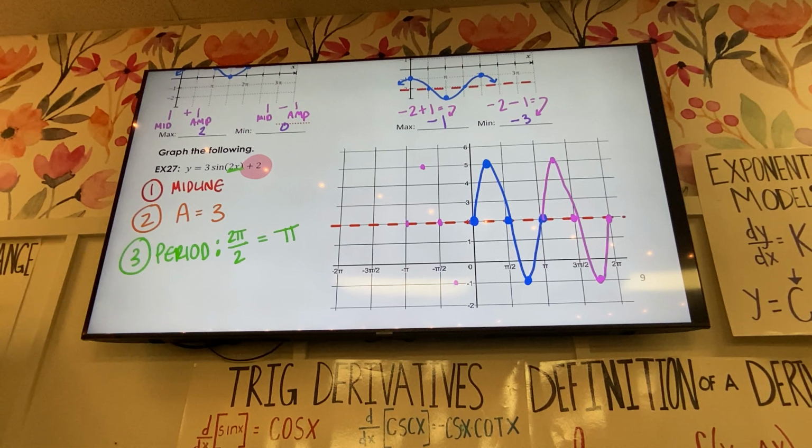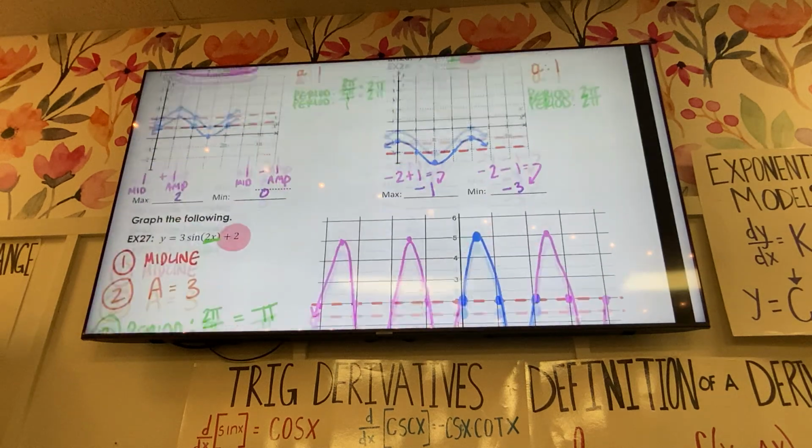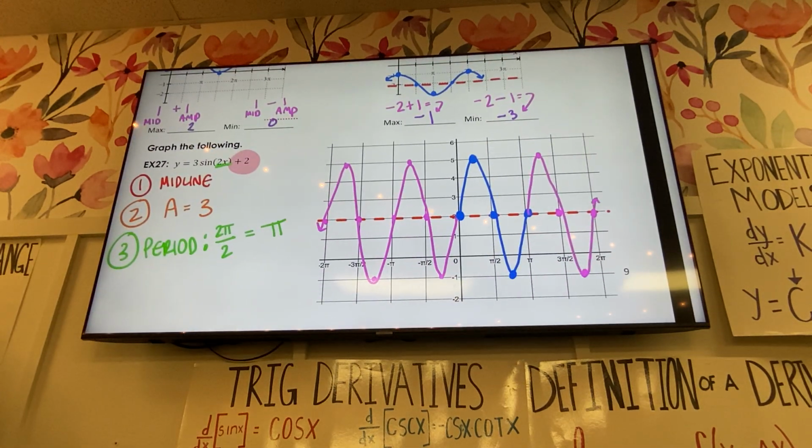That's kind of the downside of using the calculator: it's going to give you everything, and it won't tell you specifically that blue period. It's just going to be all one color, and it'll just be all a wave. So you can use the calculator to give you an idea of what it looks like. Obviously this one is going to cross through 0, 2, and it's going to follow that little pattern there. But other than that, the calculator is not super helpful for graphing them.